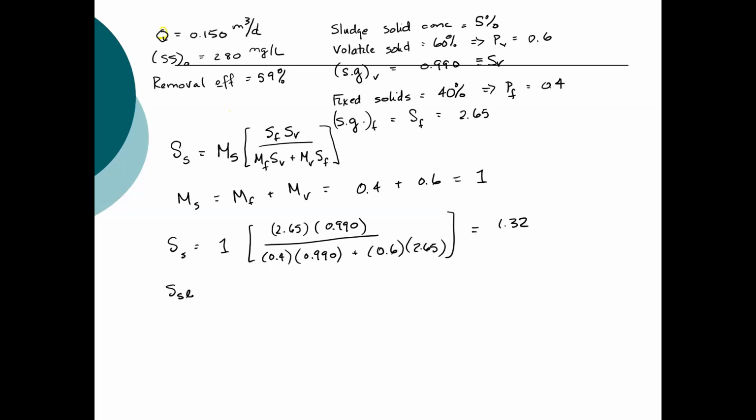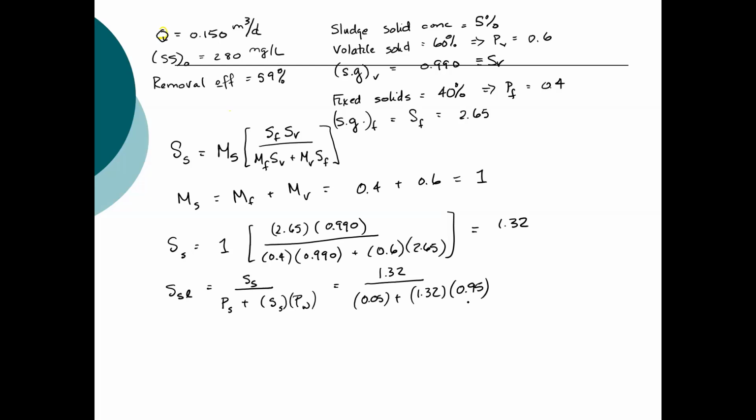The specific gravity of the sludge is equal to S sub S over the fraction of solids plus the specific gravity of the solids times the fraction of water. And that is equal to 1.32 divided by 0.05, which is 5% solids, plus 1.32 times the fraction of water.